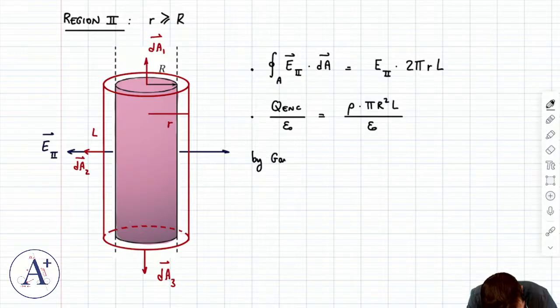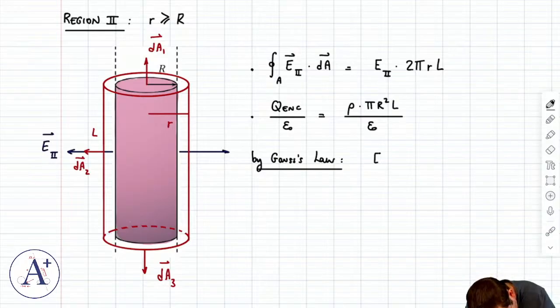And by Gauss's law, these two quantities are equal to each other. So this is going to be E2 times 2 pi rL is equal to rho pi big R squared L over epsilon naught.